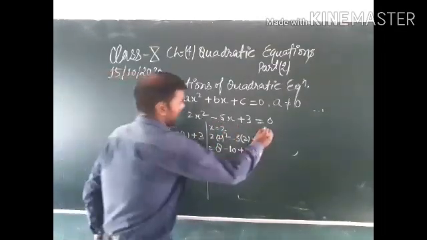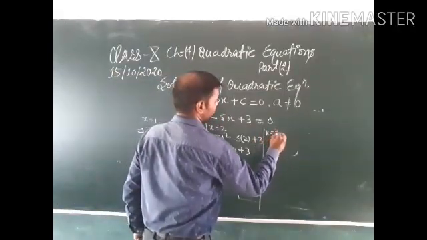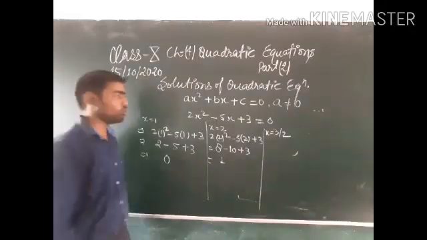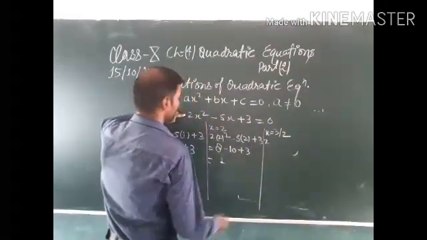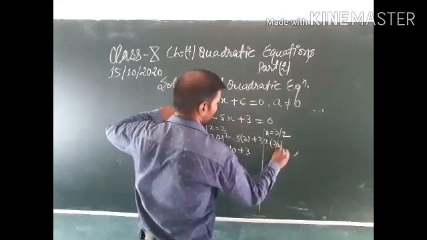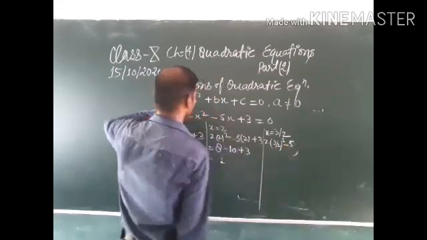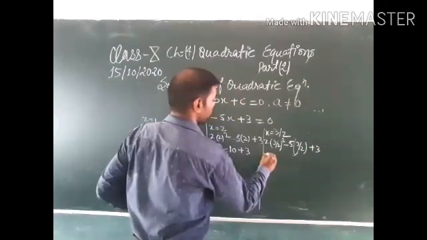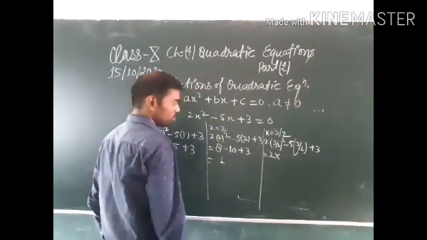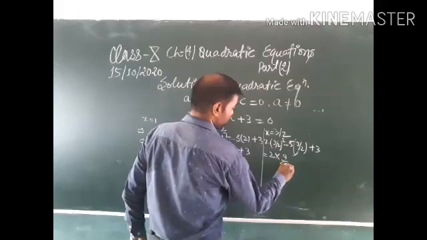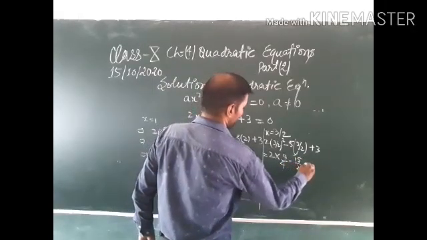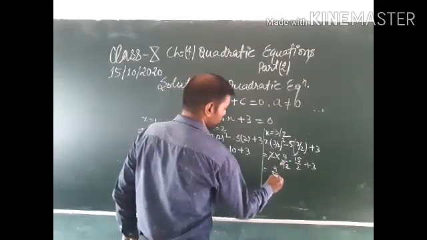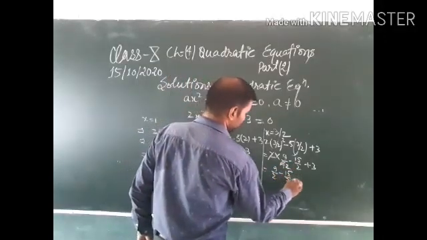Now we put x is equal to 3 by 2. We get 2 into 3 by 2 square minus 5 into 3 by 2 plus 3. This is 9 by 4 times 2, so 9 by 2 minus 15 by 2 plus 3.